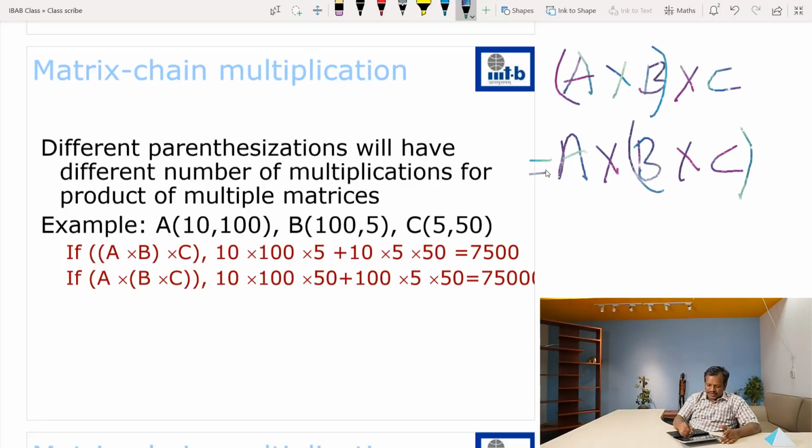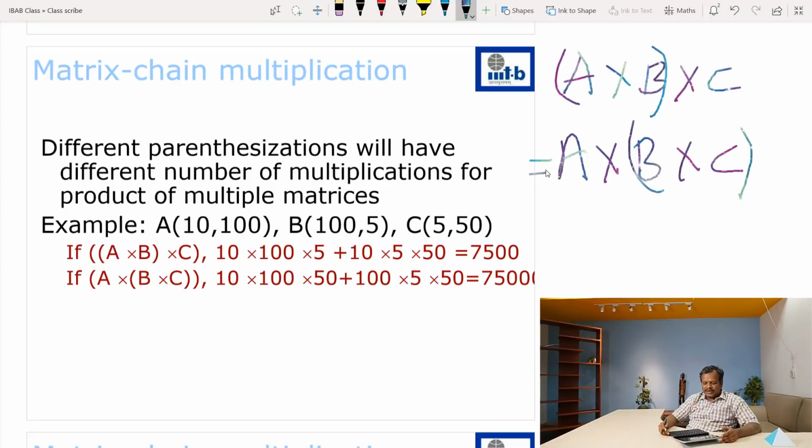But we will quickly see an example where the number of multiplications involved in these two different ways is different. Let's say that A is a 10 cross 100 matrix, B is a 100 cross 5 matrix, and C is a 5 cross 50 matrix.